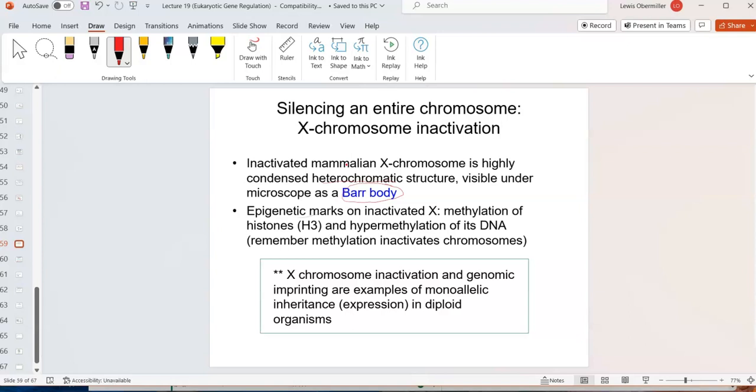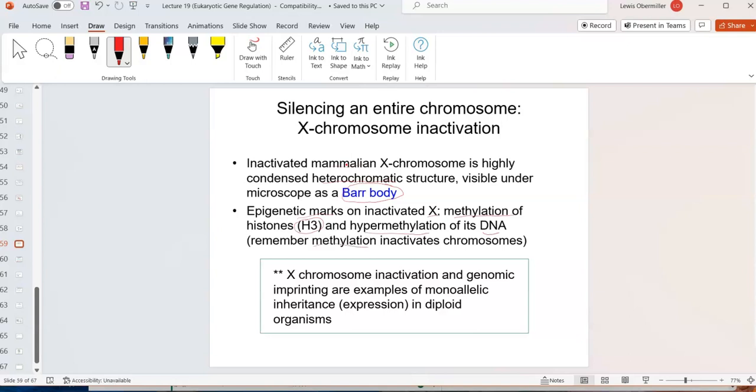The marks on inactivated X chromosomes, and this is in mammals, are methylation of the H3 subunit of histones, and hypermethylation of its DNA itself.